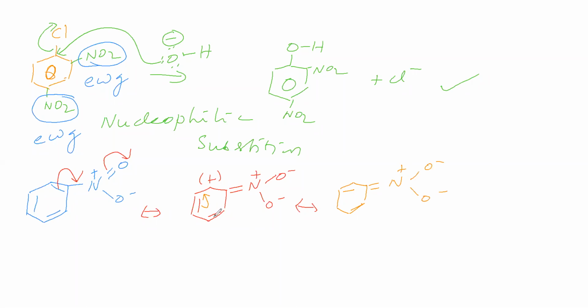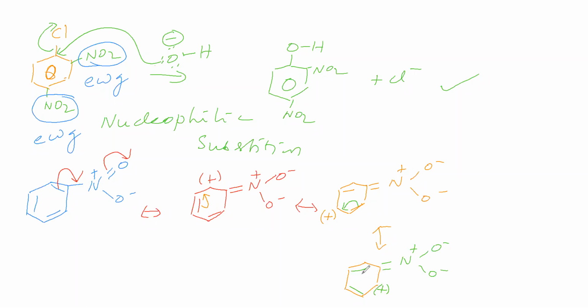This carbon loses the pi bond, so it gets a positive charge. Next resonance structure: this pi bond comes to this place, and here one pi bond is created. This carbon loses the pi bond, so it gets a positive charge.